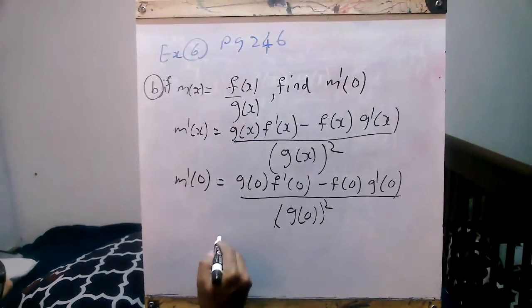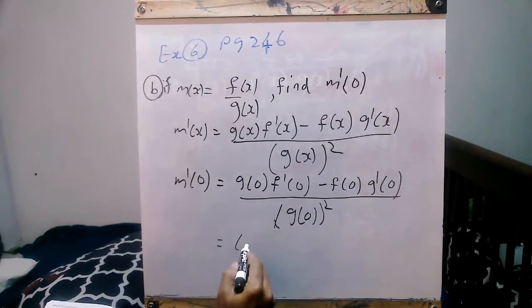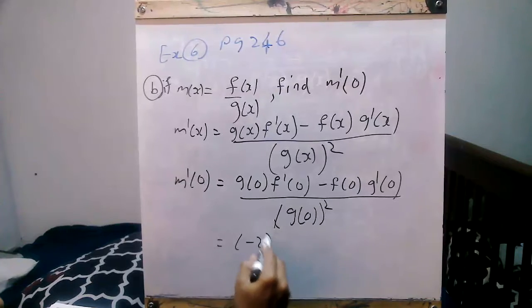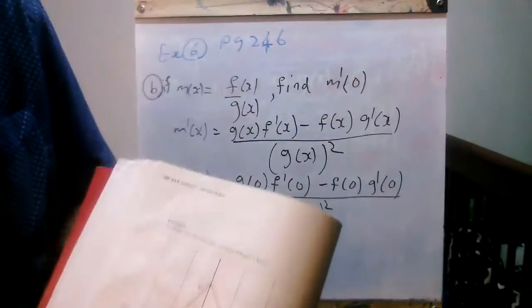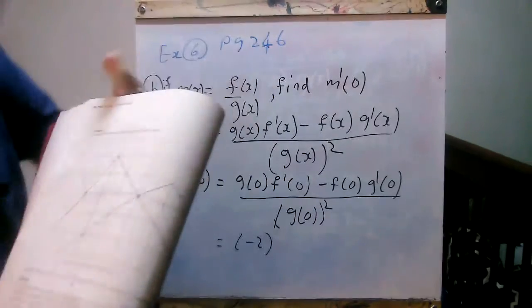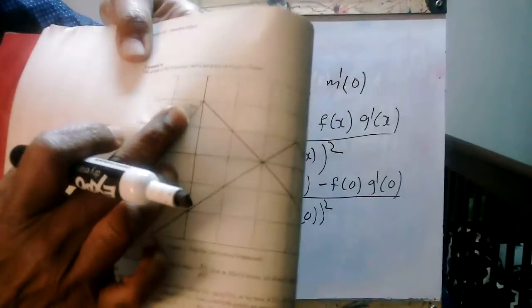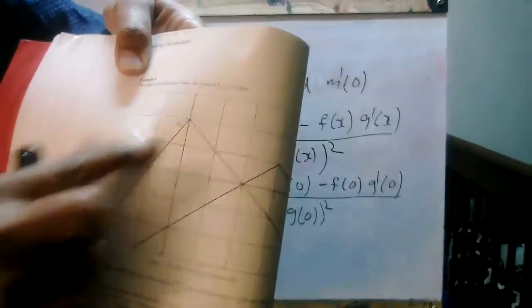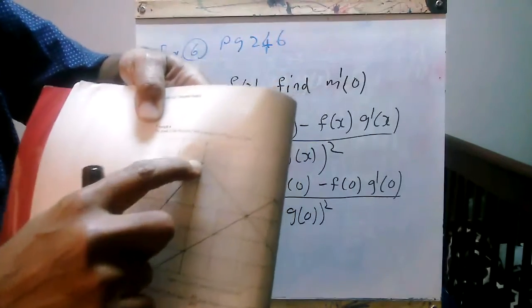Alright, now substitute values. G of 0, you find it is negative 2. F'(0), I'm trying to show you here. This one going up and down, it comes to a corner.